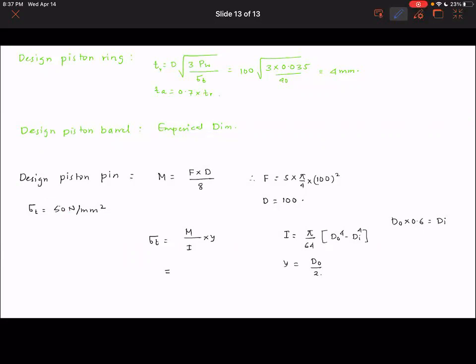And in the last lesson, I would talk about the design of connecting rod and design of crankshaft. But please understand, I don't think design of connecting rod and design of crankshaft are part of the quizzes or the homework. So with the piston design and cylinder design that we studied today, you should be able to finish all the assignments that are assigned to you so far.